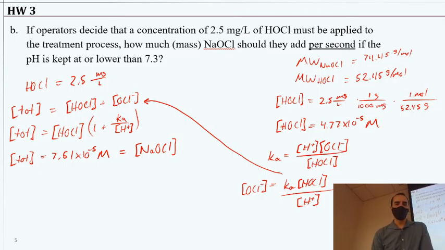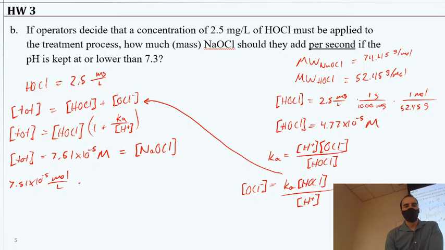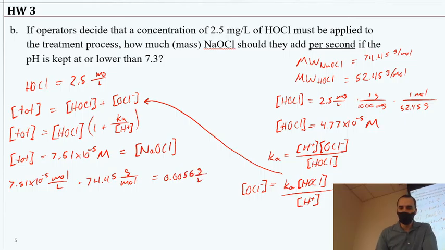From there we can convert back into a mass unit and say 7.51 times 10 to the minus fifth moles per liter times, in this case, 74.45 grams per mole. That's going to leave us in grams per liter. When we do that, that gives us 0.0056 grams of NaOCl per liter.